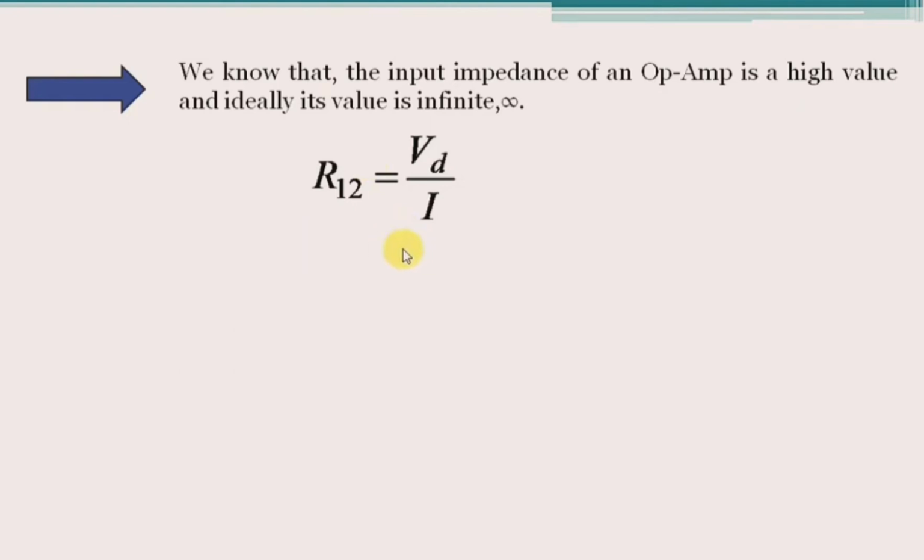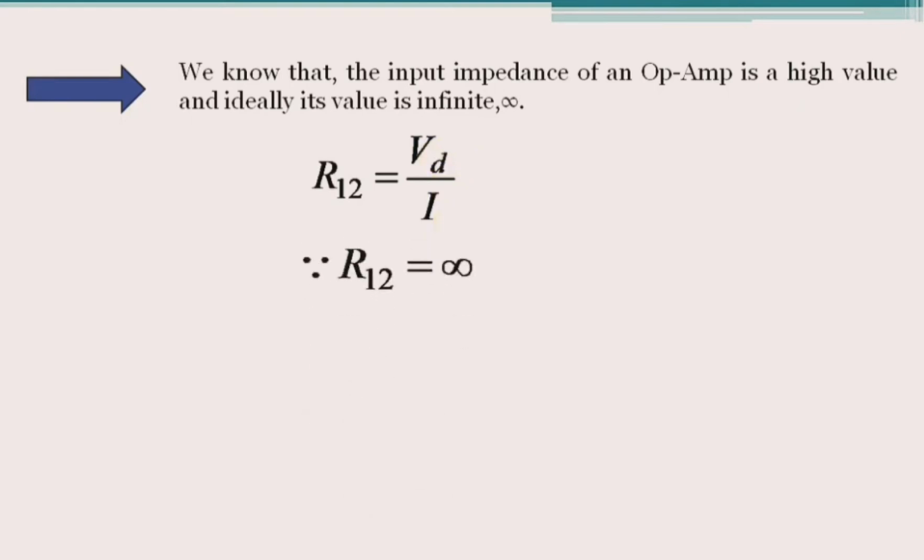We know that from Ohm's law V is equal to IR, so R is equal to V by I. Here Vd is the input potential. For an op amp we have two input terminals, so we have to consider the differential input voltage. So it is Vd by I.